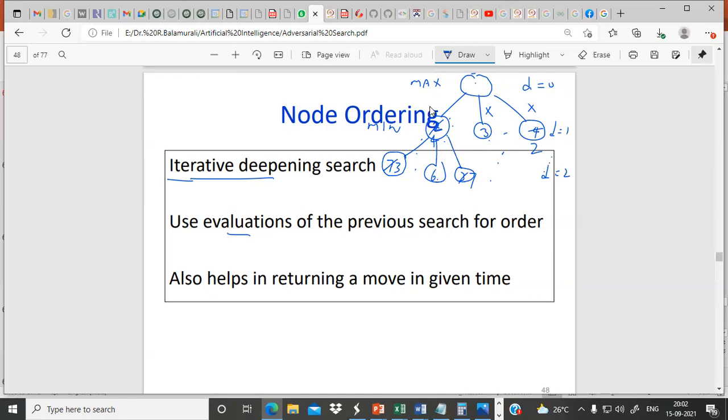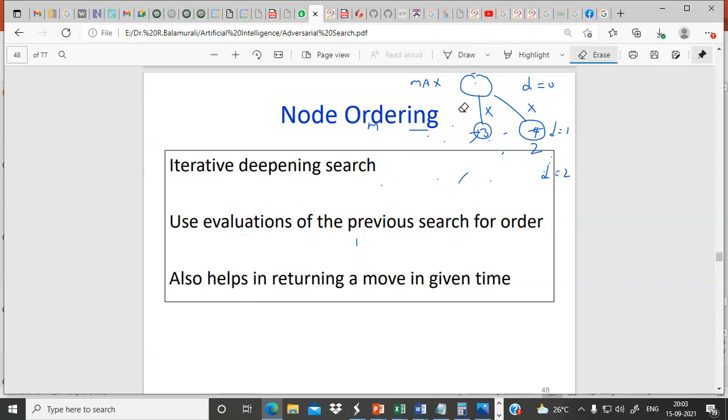Because in alpha beta pruning, as we have discussed, only the leaf nodes have the utility values. There are no such values available in other nodes. So how do we calculate these values? That is a tricky thing, and that is the challenge in performing this reordering.